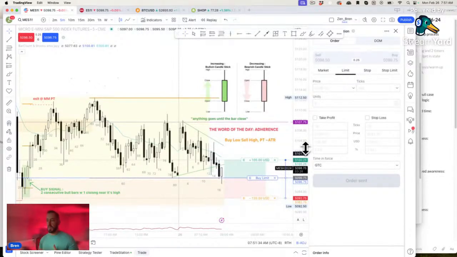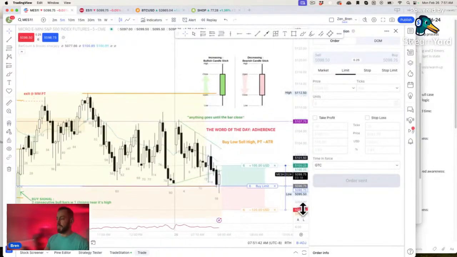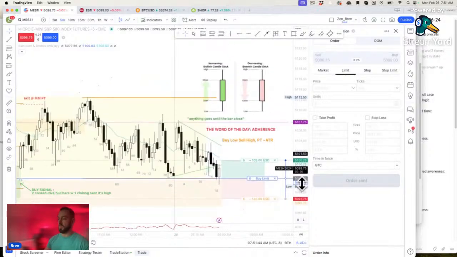If this is a strong buy signal, I might want to be long. Why? Because you got 3 pushes down. 1, 2, 3.